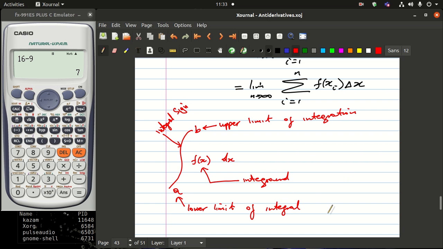And then this one is a lower limit, this one is the integrand, this is the upper limit. And then this one here does not have a meaning at all. It just tells us that the independent variable that we are focusing on in the given function is this x here. That is actually the meaning of it, and there is nothing more to it.